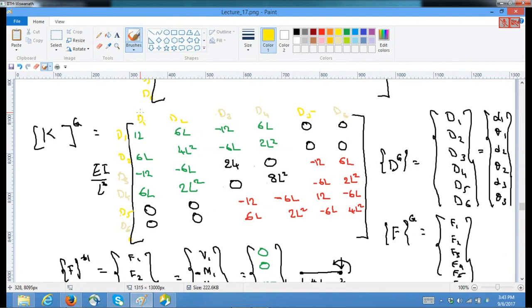So these things are known, so I will strike off D1, D2, D5 columns, and similarly I will also strike off my corresponding rows.